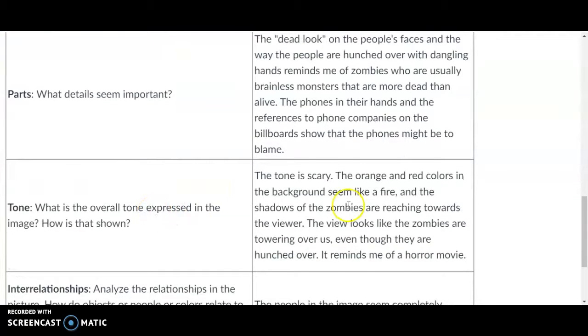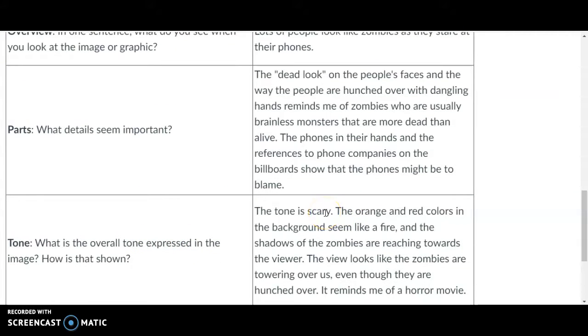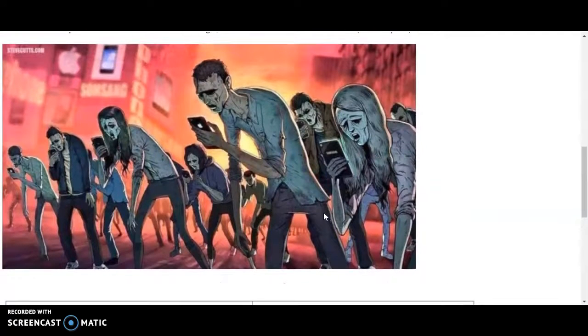T, tone. Again, the tone is scary. The colors are orange and yellow. It looks like fire.